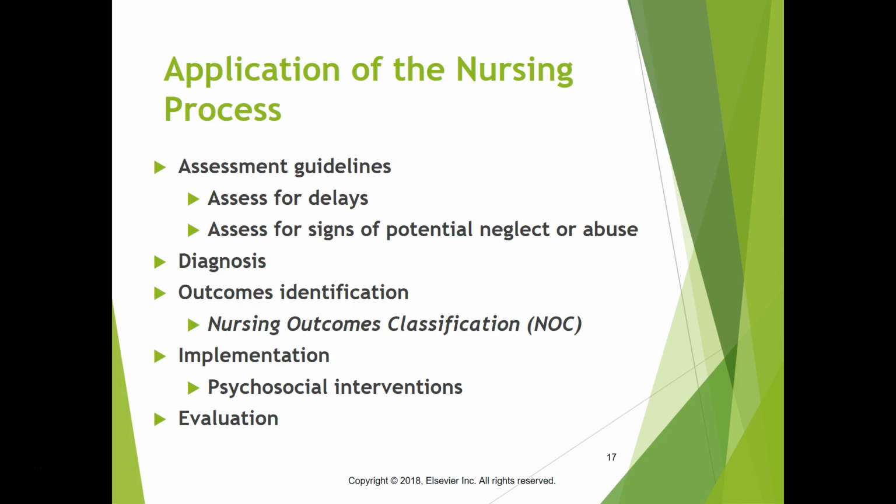So, implementation, psychosocial interventions. Children with these types of problems need a lot of psychosocial interventions, and many times nurses are providing these interventions through different types of early intervention programs.